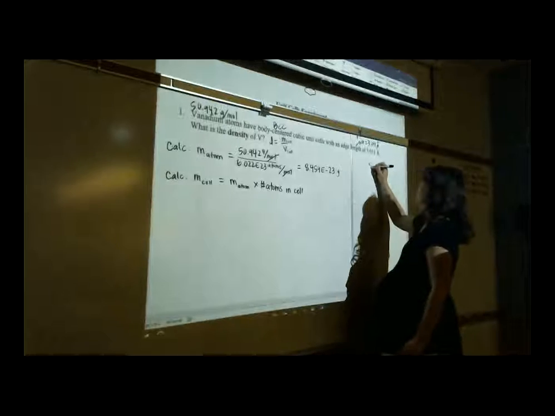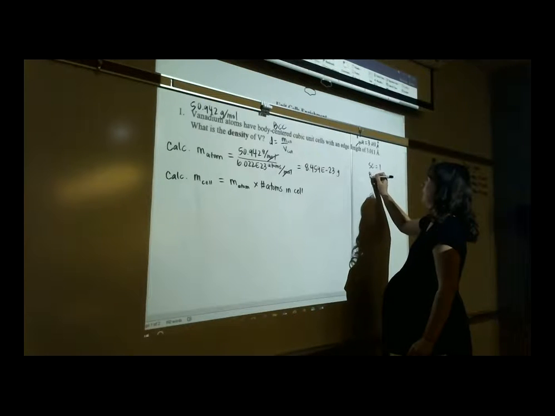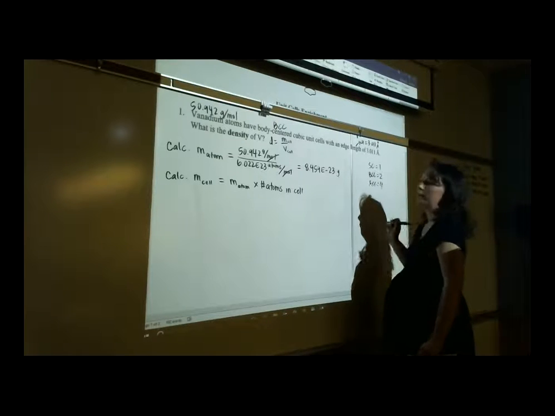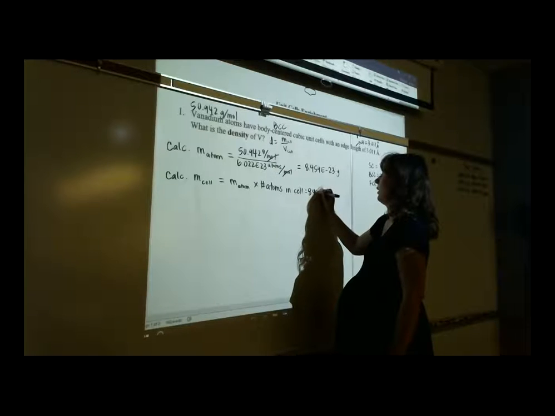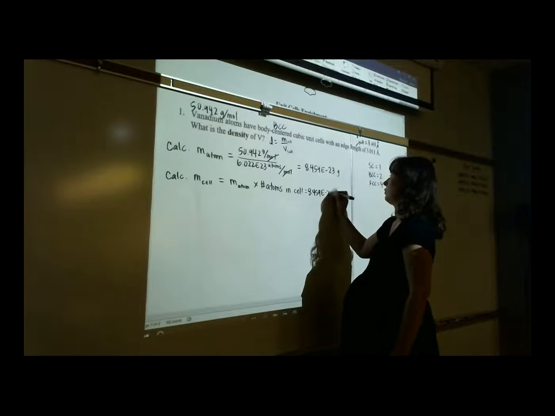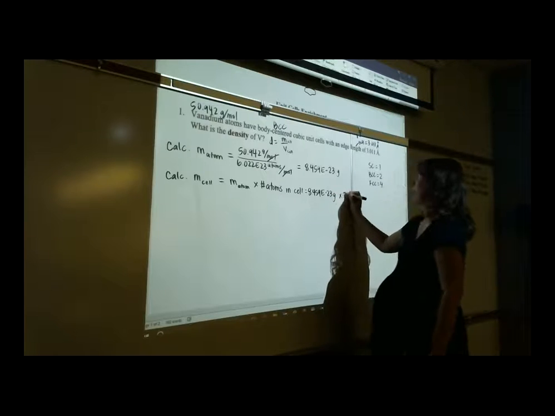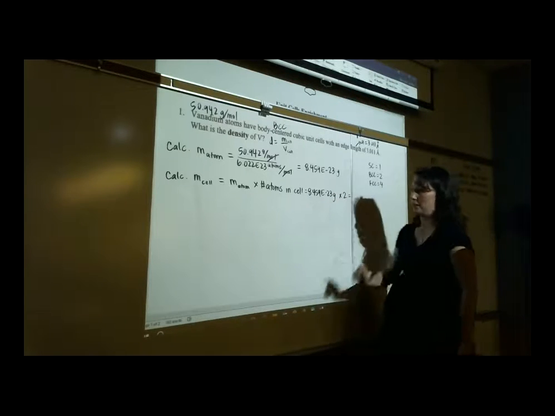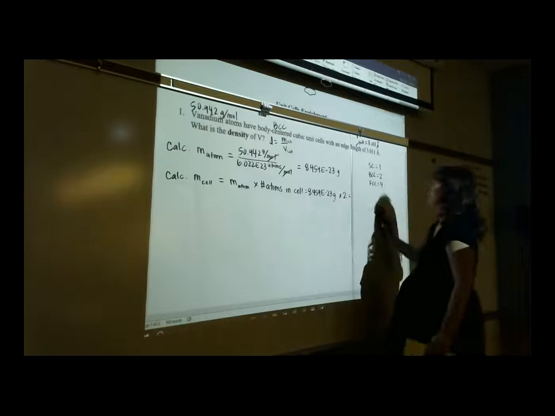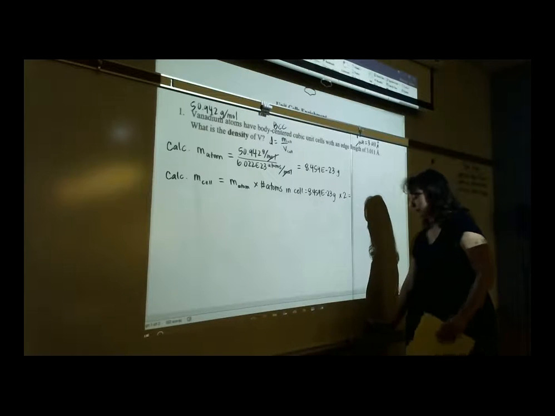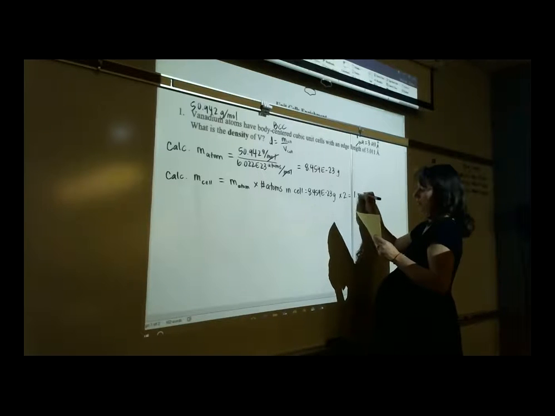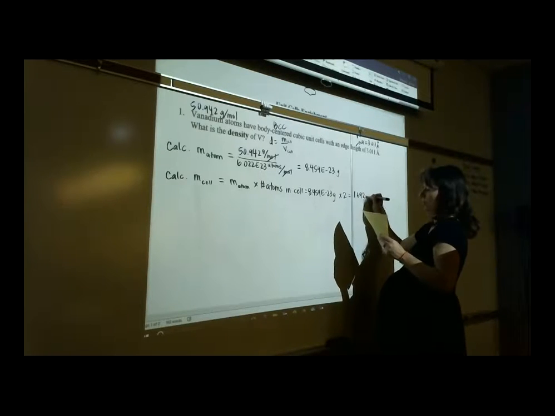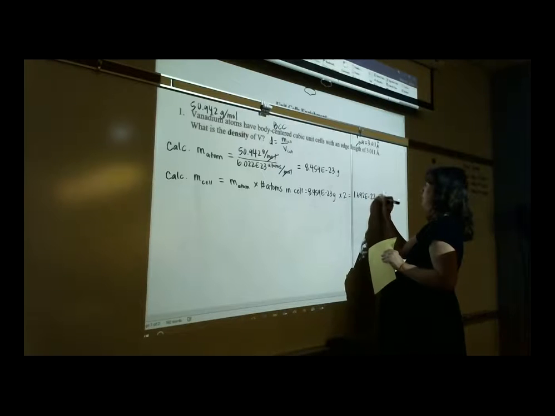And if we remember, simple cubic is 1, body-centered cubic is 2, and face-centered cubic is 4, right? So we're going to take this number, 8.459 times 10 to the negative 23rd grams, and multiply it by 2, and that gives us the mass of the cell. And so when I did that, I got 1.692 times 10 to the negative 22nd grams.